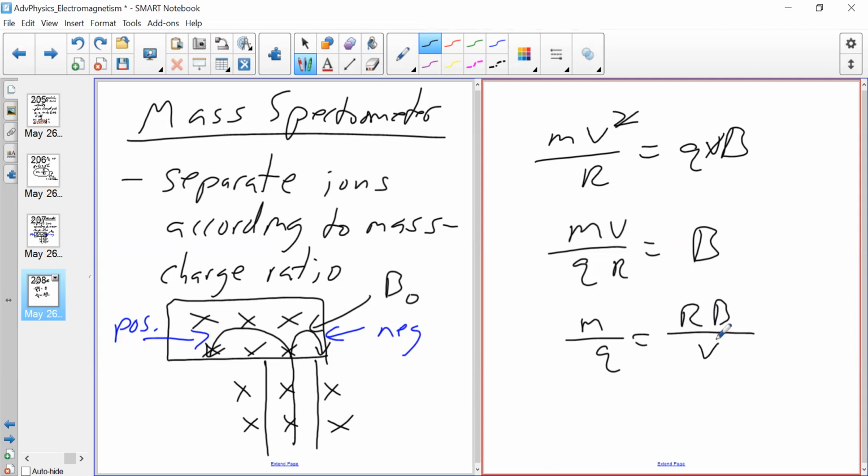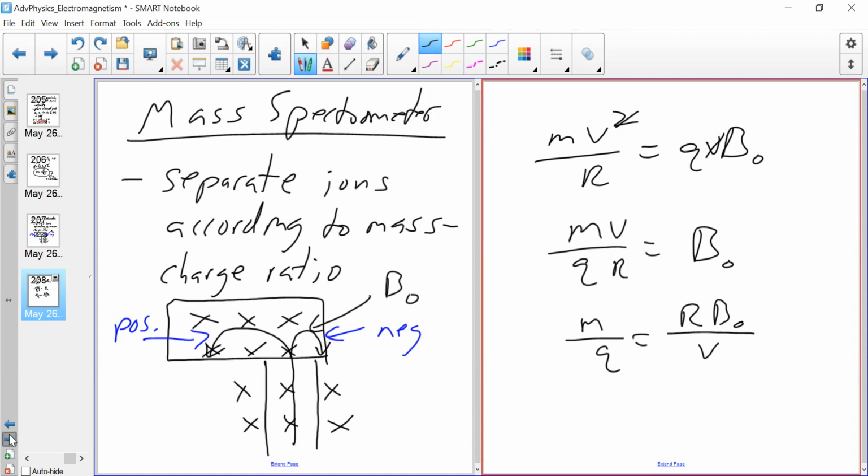So depending on the radius of deflection and the magnetic field, call it B naught, divided by the speed of the particle, we can figure out this ratio. And then from that, we can figure out the mass of that particular ion, and so forth.